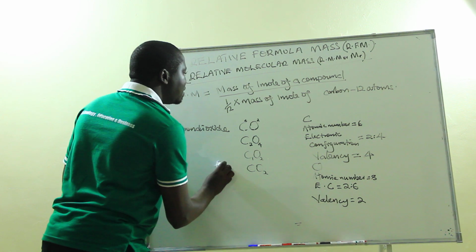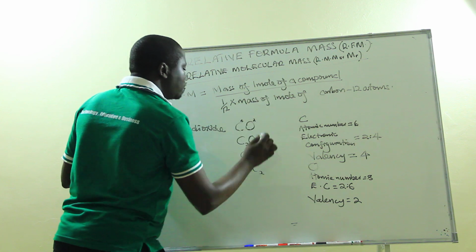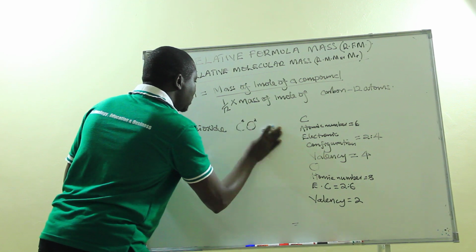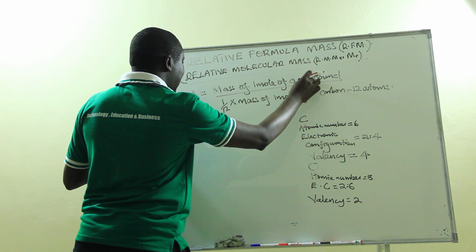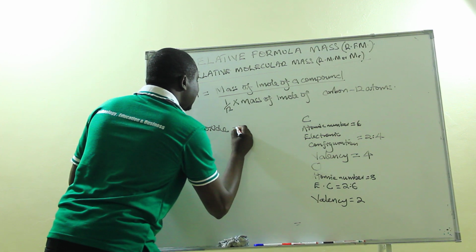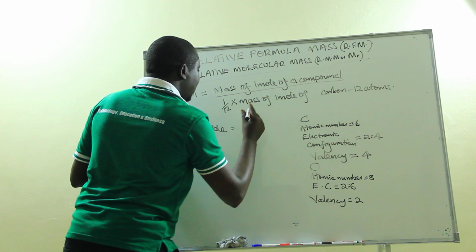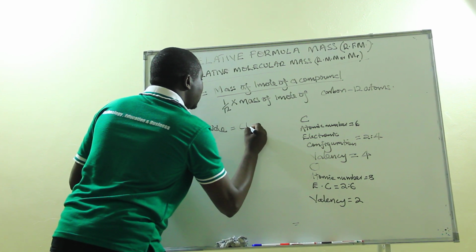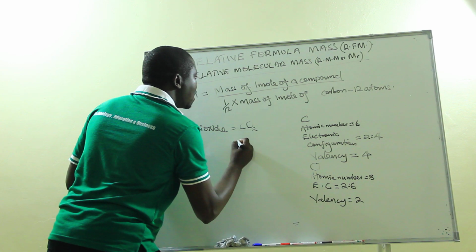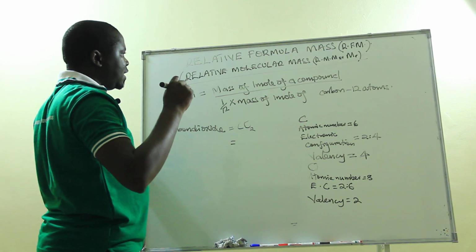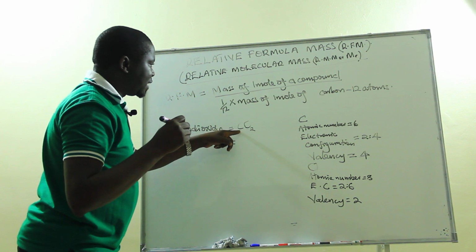So for carbon dioxide, remember we are trying to look at the mass of 1 mole of carbon dioxide as a compound. So carbon dioxide is CO2. So we are going to use the relative atomic masses of these elements here.